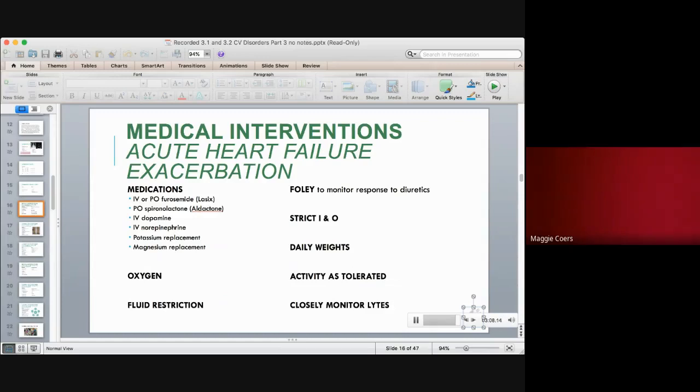Strict intake and output. A lot of times we also have these patients on fluid restrictions, and we do not give IV fluids. So we may give medications IV, but no IV fluids running. Patients can be up as tolerated, usually after 24 hours of stabilization, and we closely monitor those electrolytes.